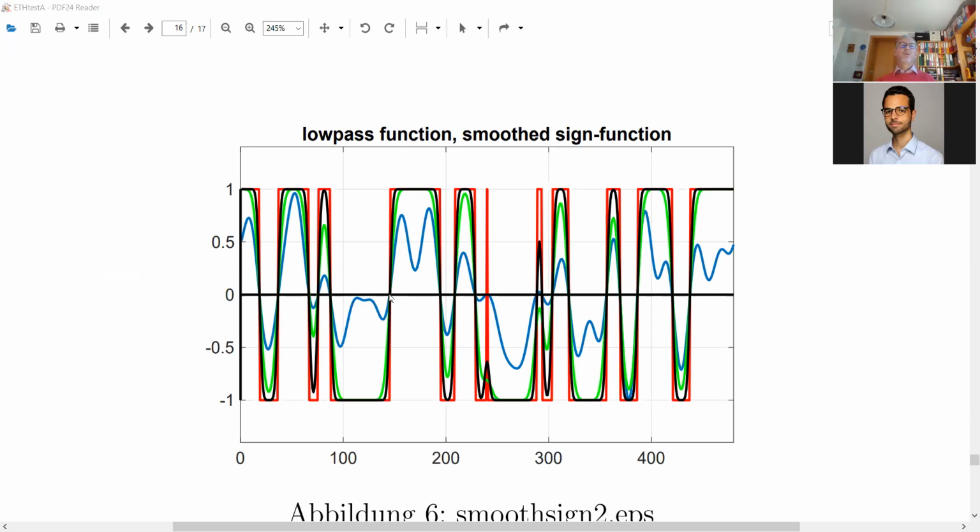Here I tried to make the smoothing such that in some small interval around the zero crossing, I have no change. In my picture, I have only finitely many zero crossings. But if you think of a function like cosine of x squared, you might have countably many oscillations on a very long interval. And then this construction would not be so easy.